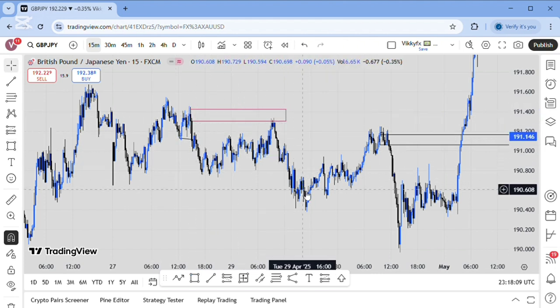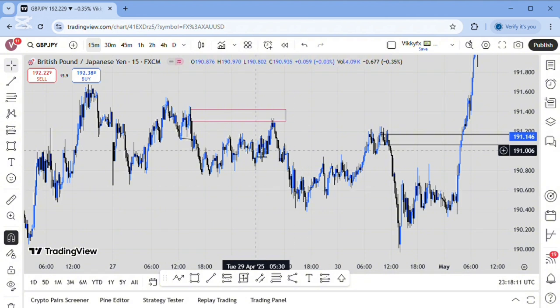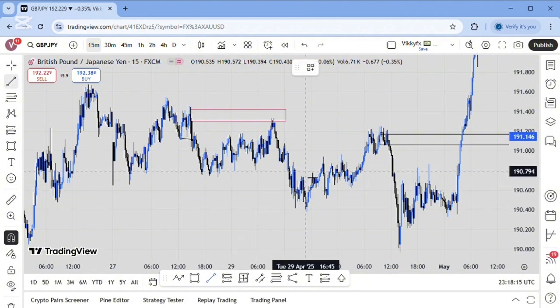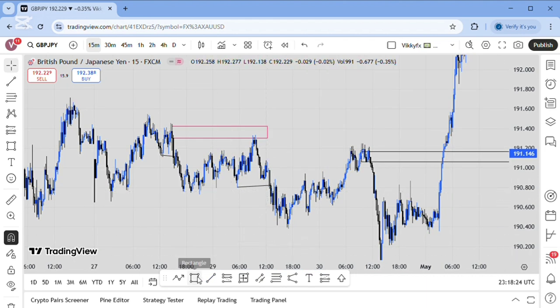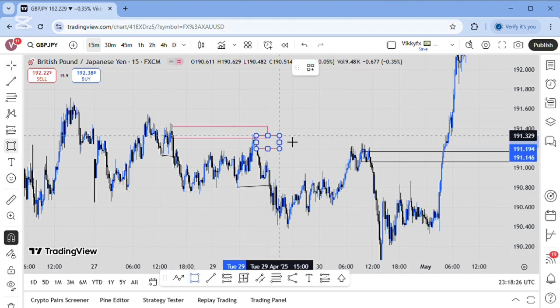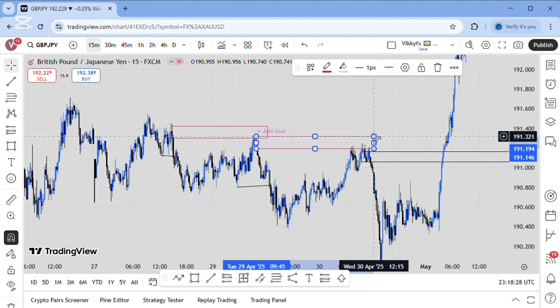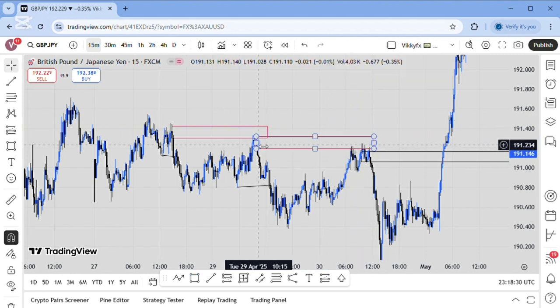Market came here, dropped massively to the downside. This is another break of structure at this zone. It keeps breaking structure to the downside, so we keep on looking for sell. This is the last buy candle before a sell candle.